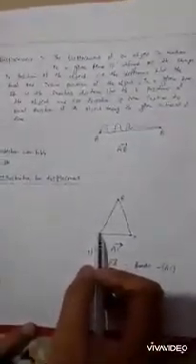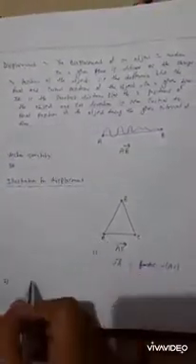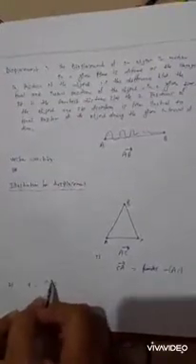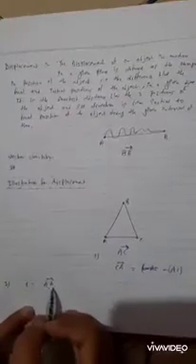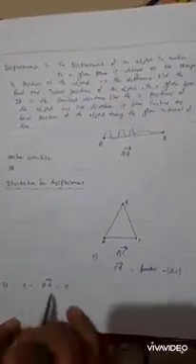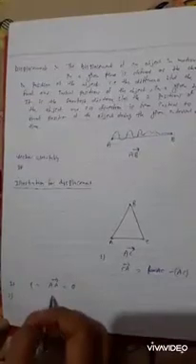So the object returned back to the same position. It started from point A and ended at point A, so the displacement will be 0. This is the second point.